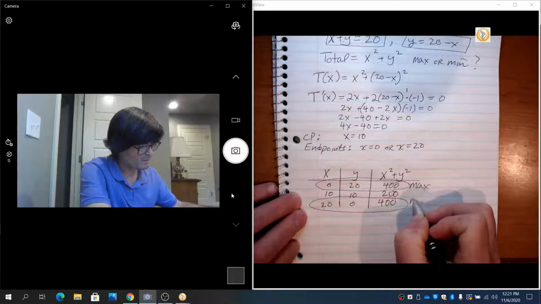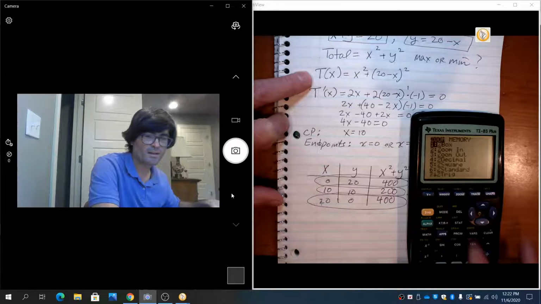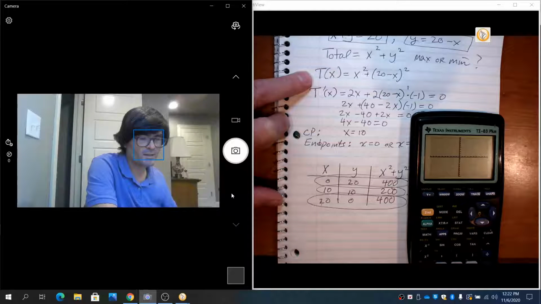Let's look at this on the calculator and just kind of confirm what we did algebraically. Y equals, I'm going to type in x squared plus (20 minus x) squared. I'm going to do zoom standard to see what we're dealing with here. Also, my window's no good here because look, x can go from 0 to 20.